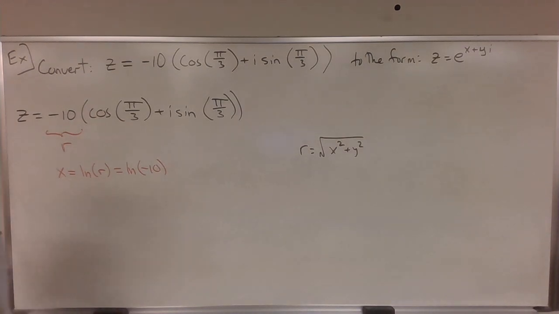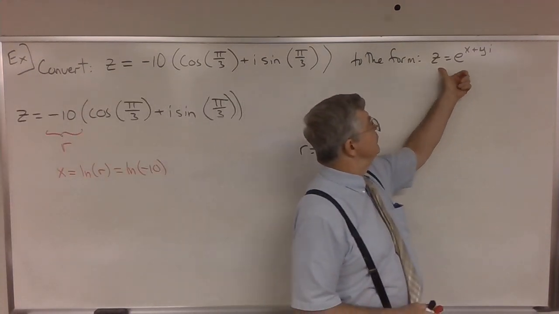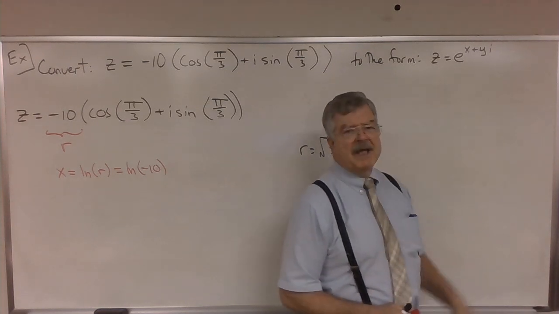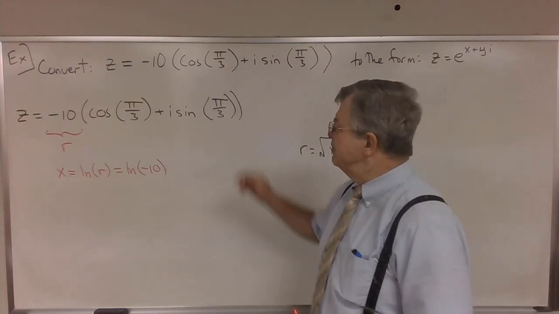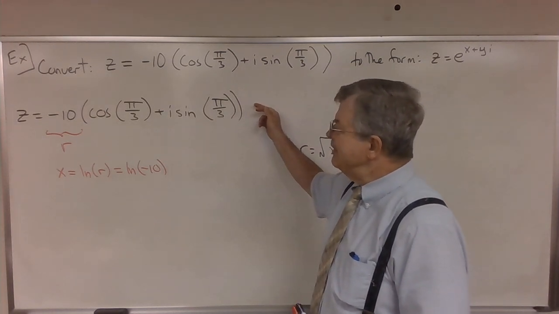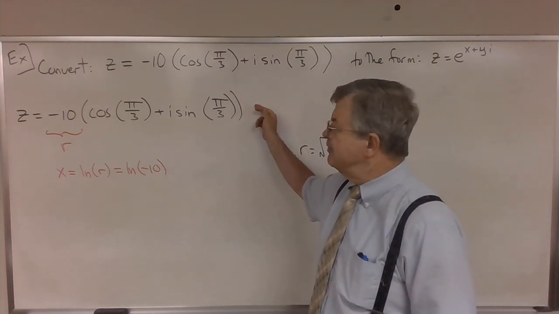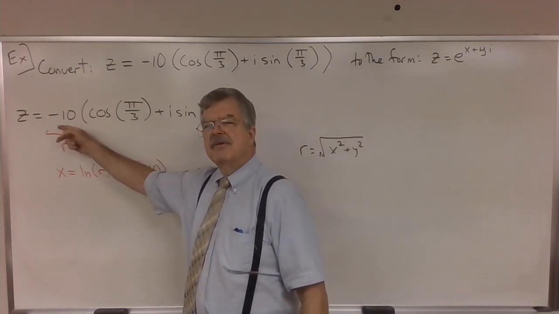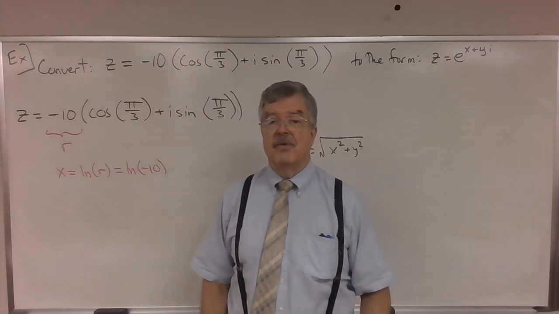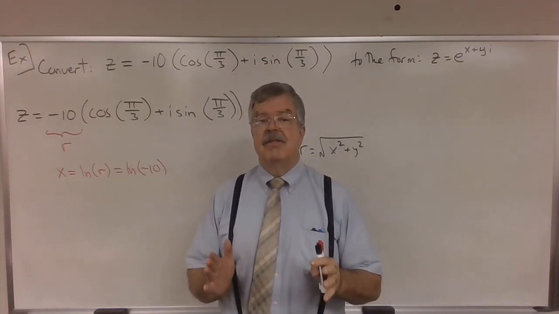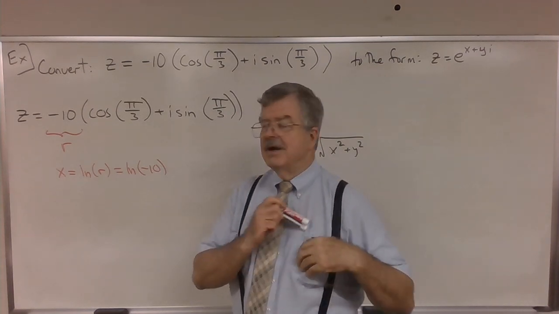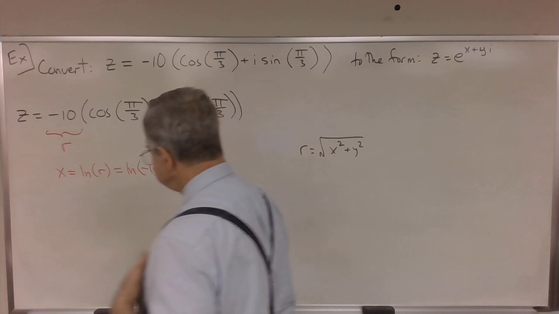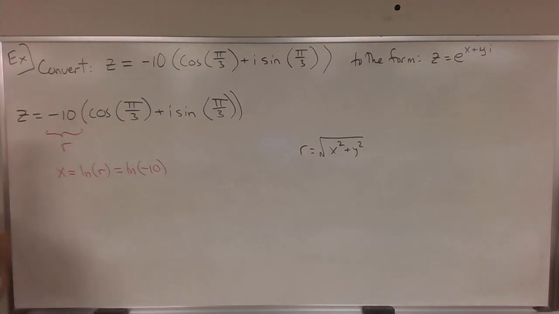So before I can write it in the form of z equals e to the x plus yi, maybe I need to do something to get this truly in polar form, where the coefficient out front, the real number out front, is a positive real number, and therefore it really can be the modulus of a complex number. So r, I look at this and I say, r my foot.